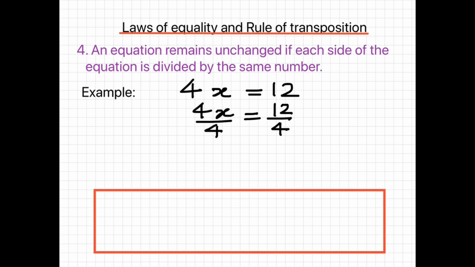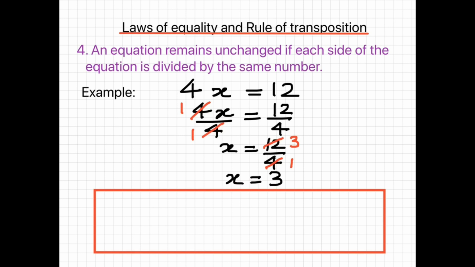On the left hand side, we can cancel the common factors. 4 times 1 is 4, 4 times 1 is 4. This implies that x = 12/4. Let us now cancel the common factors on the right hand side. 4 times 3 is 12, 4 times 1 is 4. So we get the value of x as 3.